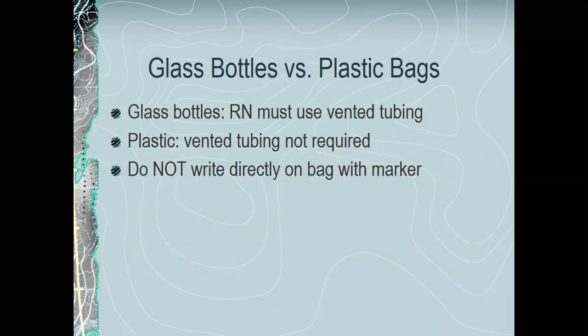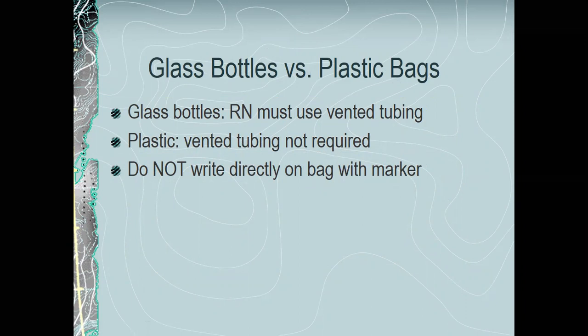So when you are giving IV medications that are hung up, they may be in glass bottles or they may be in plastic bags. A lot of our IV fluids we see in plastic bags, but you may also see glass bottles.